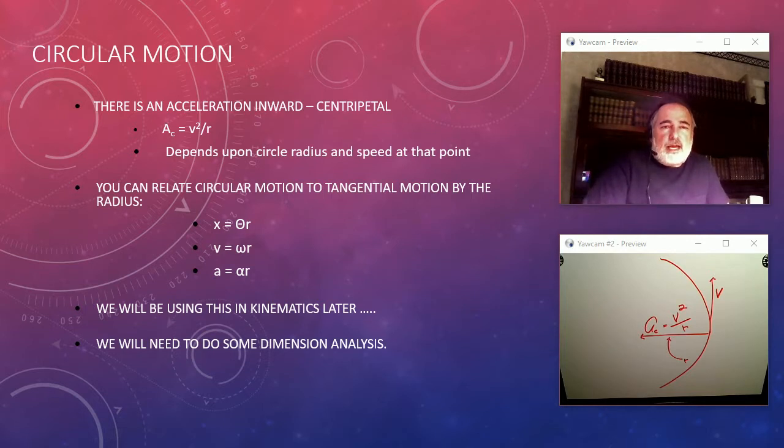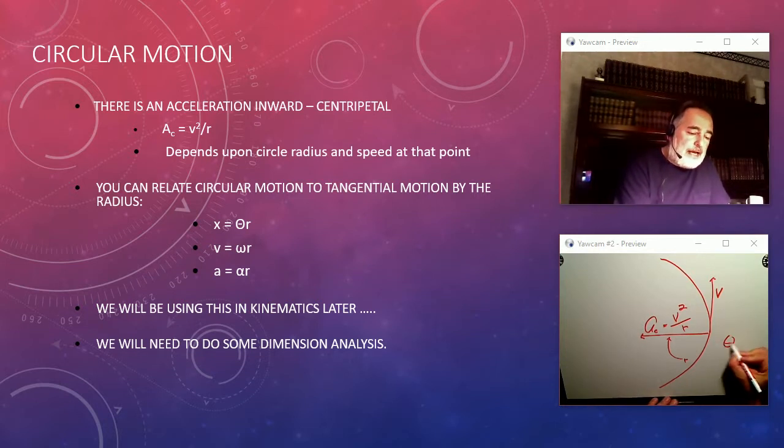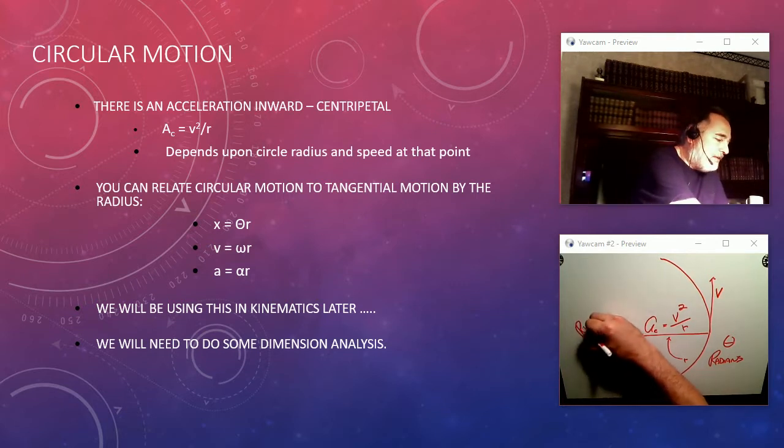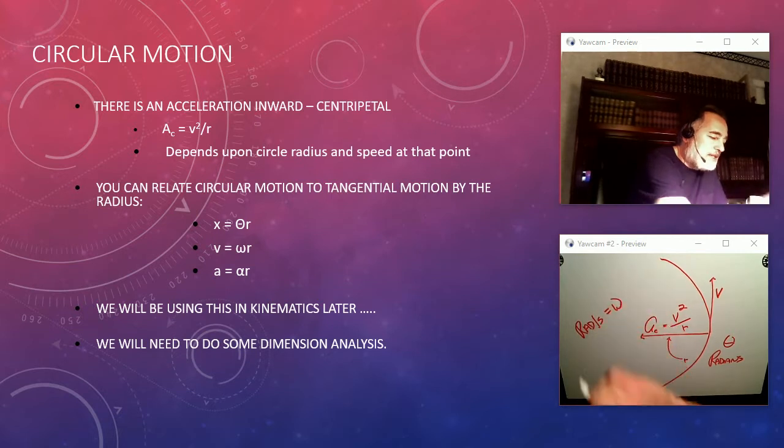So we can relate circular motion to tangential motion in terms of radians, and we're going to mark that as theta, in radians. And in terms of rads per second, radians per second, we're going to define that as an omega.